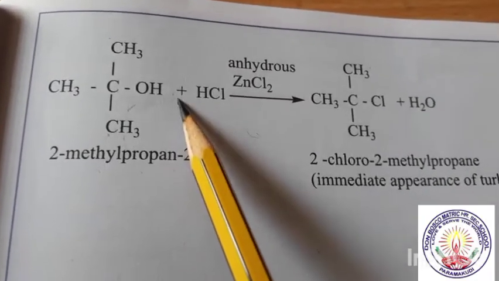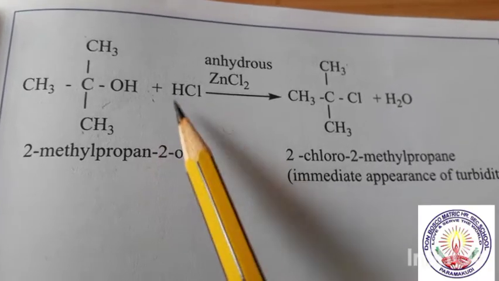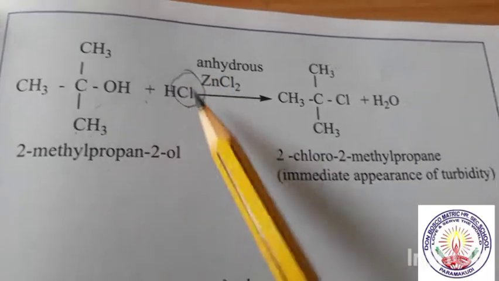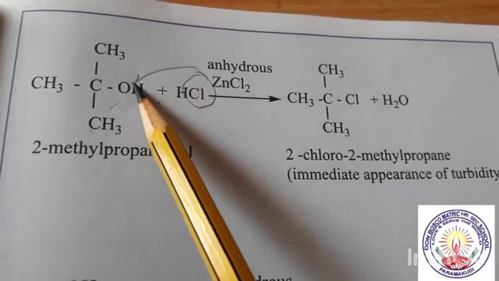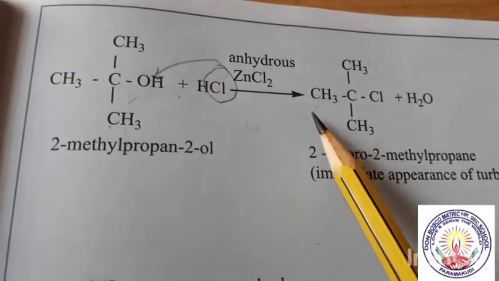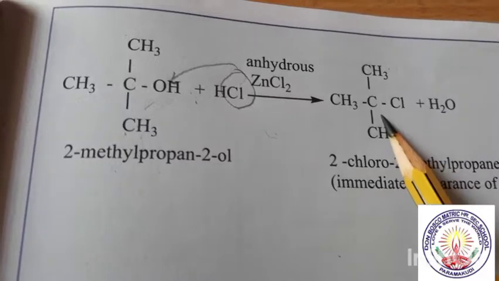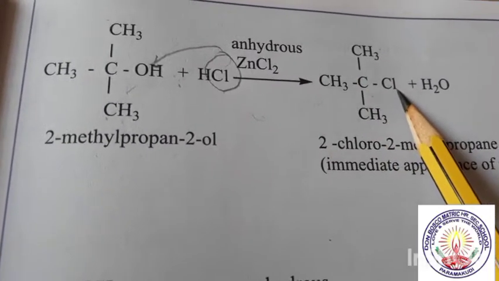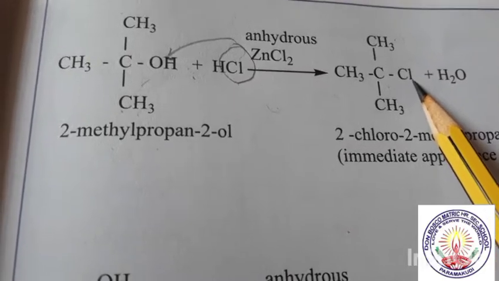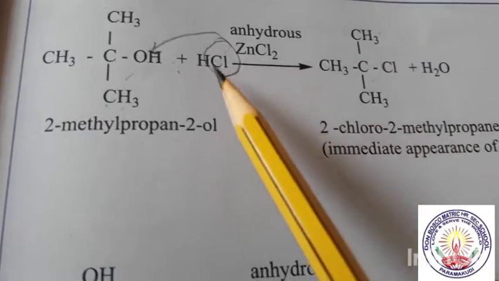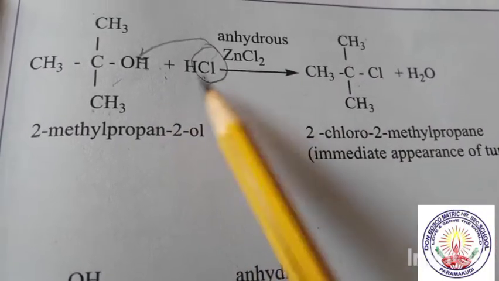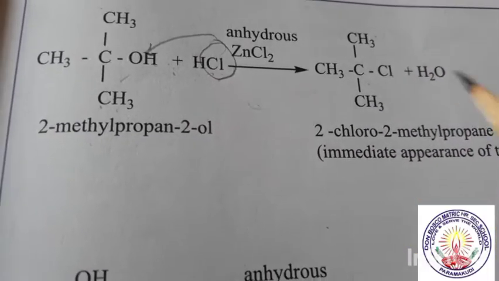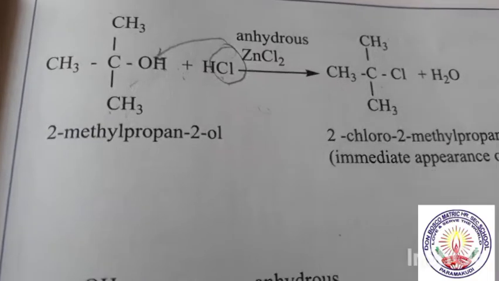So when this is treated with HCl, this Cl replaces the OH. Therefore CH3, CH3, this OH is replaced by Cl and we are getting H2O. In this test the water is eliminated.